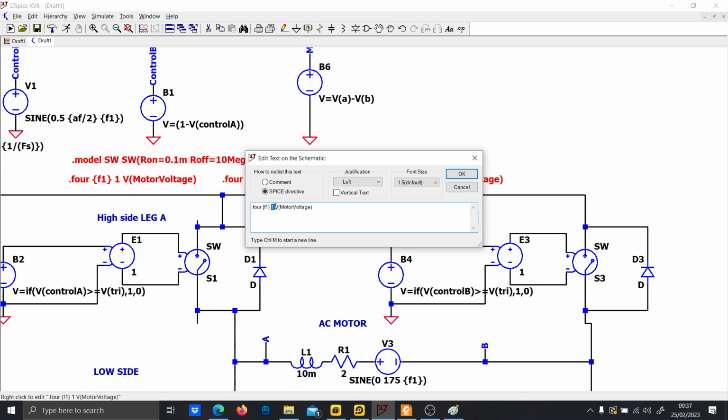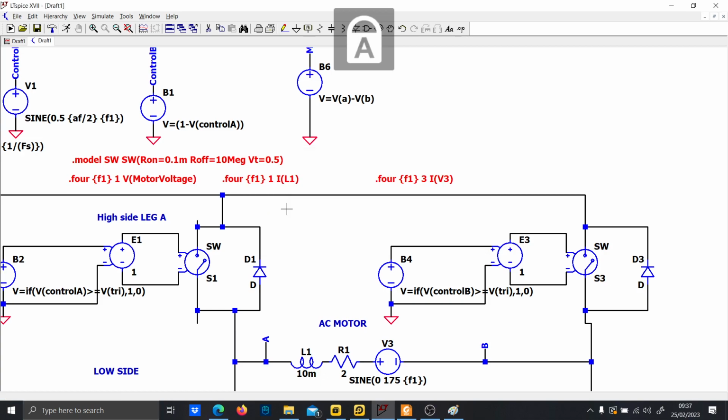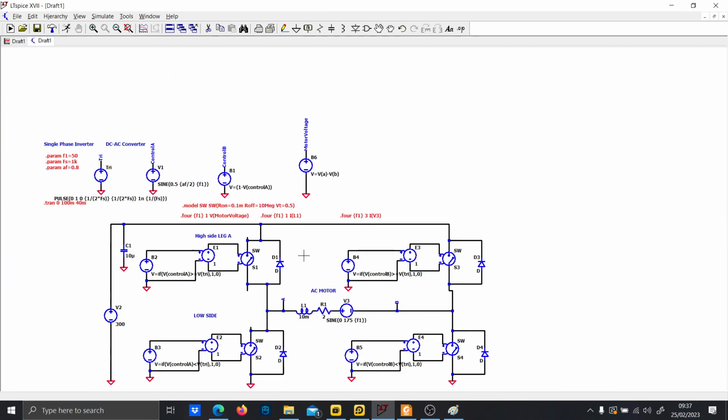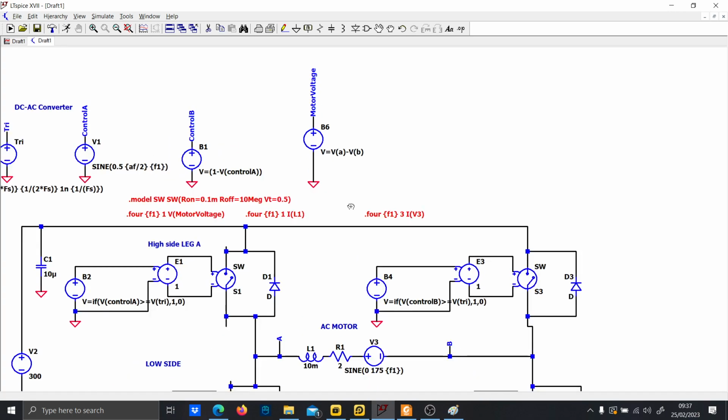We also want to study the effect of the first 3 harmonics of the output voltage. Let's just use V3 instead. Sorry, I of L1 should be the same. Should be correct. Now let's run the simulation again.